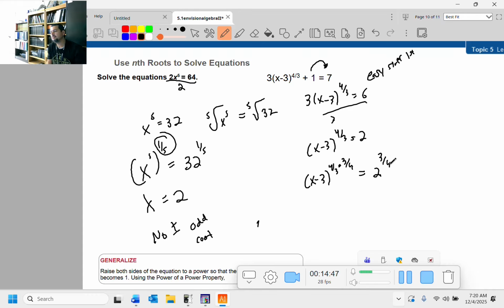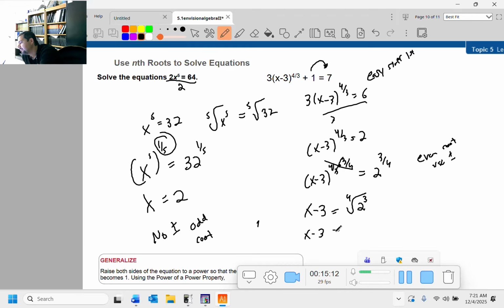You see how that works? Wasn't so bad, was it? That gives me x minus 3. Now, let's think about what I'm actually doing here. I'm going to take the fourth root of 2 cubed. And if I take an even root, I use plus or minus.